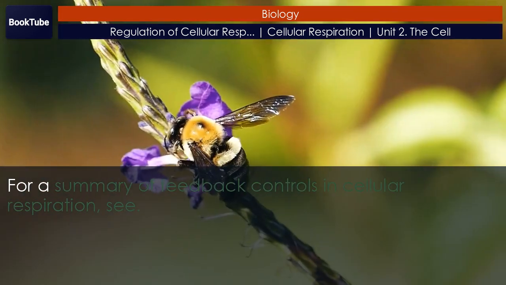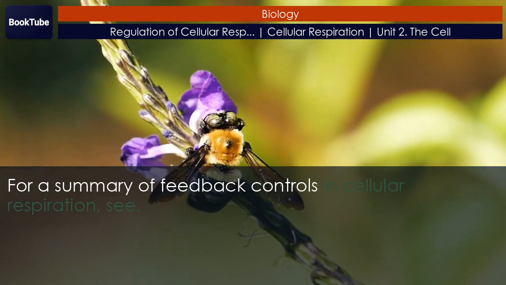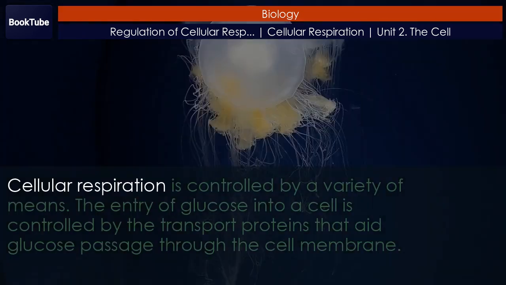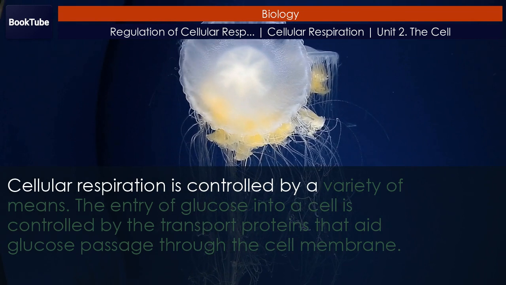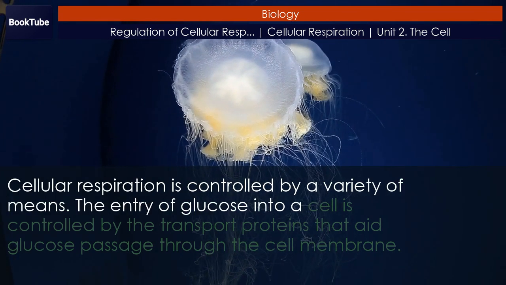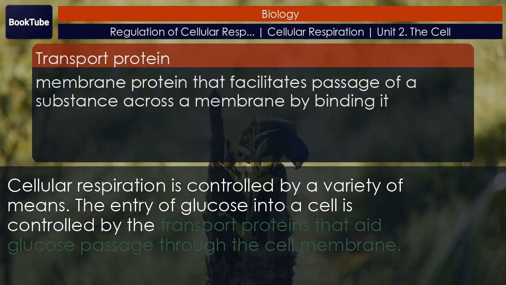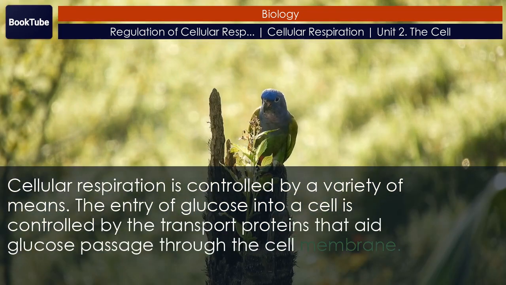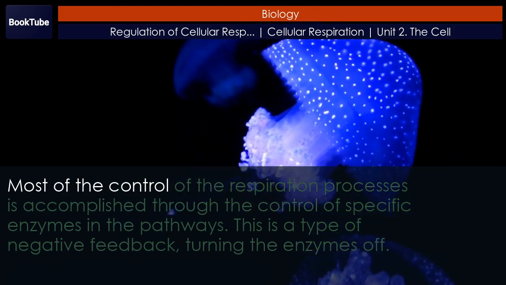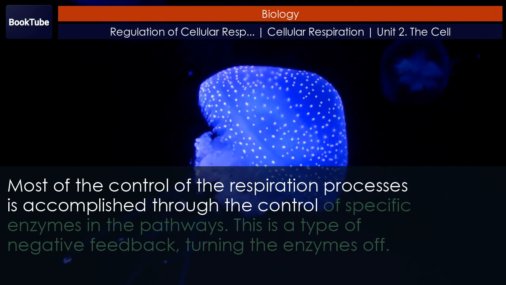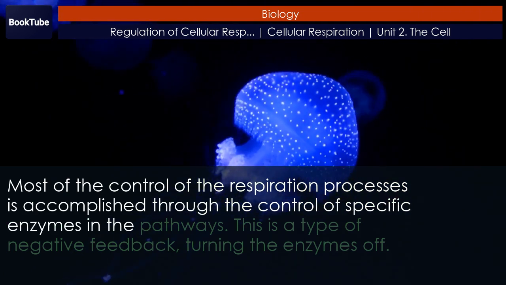For a summary of feedback controls in cellular respiration, see Section Summary. Cellular respiration is controlled by a variety of means. The entry of glucose into a cell is controlled by the transport proteins that aid glucose passage through the cell membrane. Most of the control of the respiration processes is accomplished through the control of specific enzymes in the pathways.